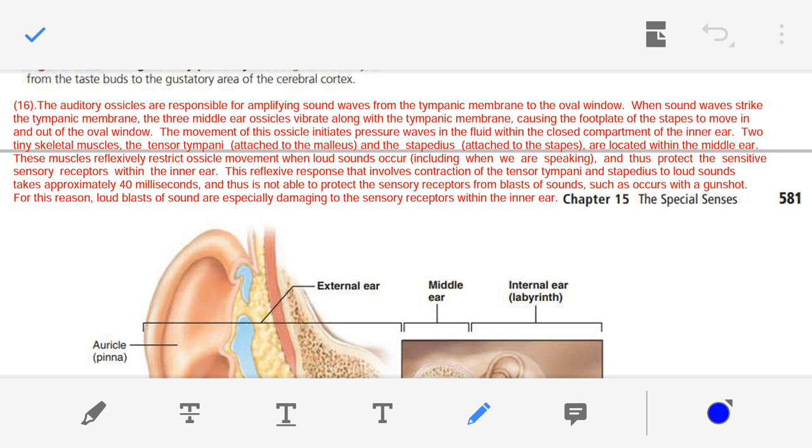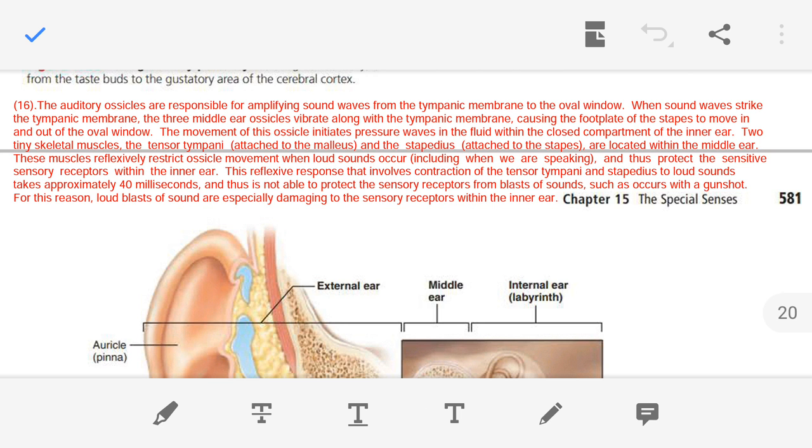So for this reason, a loud blast of sound is especially damaging to the sensory receptors within the inner ear.